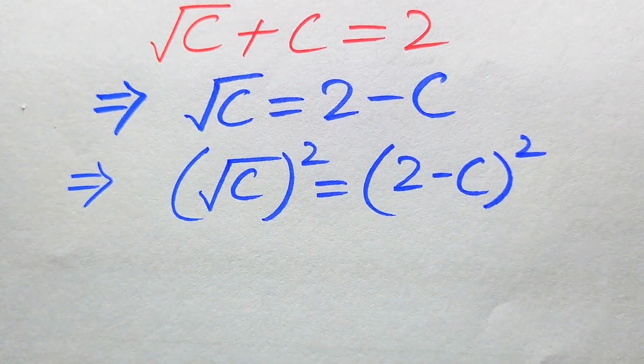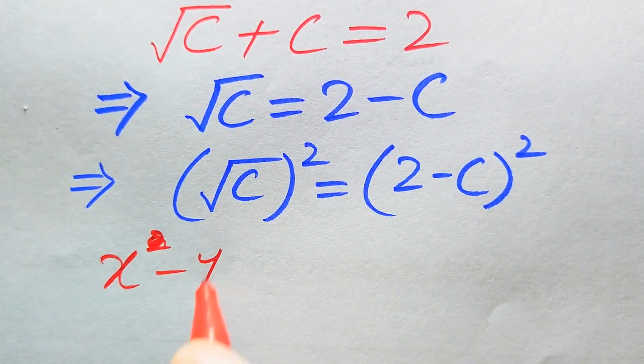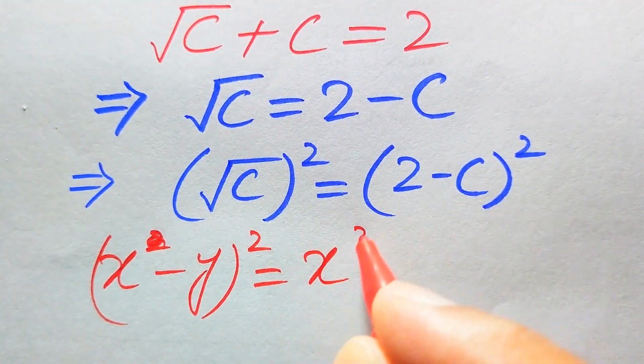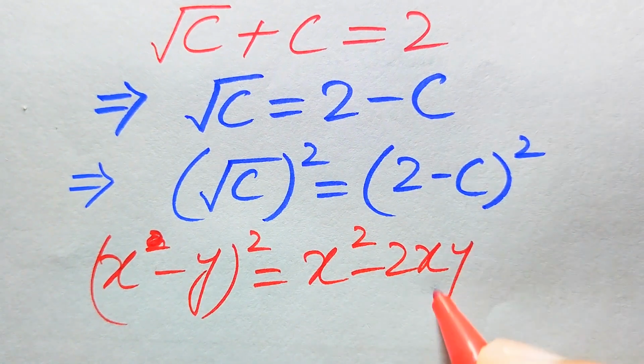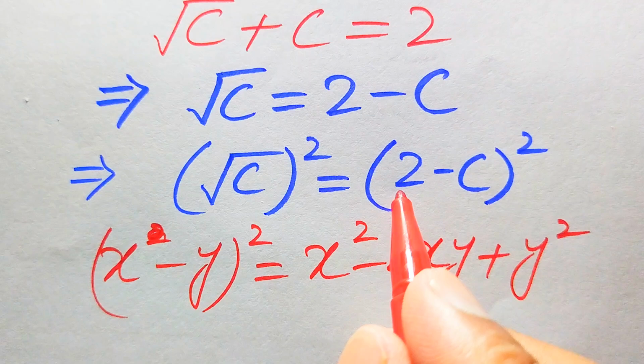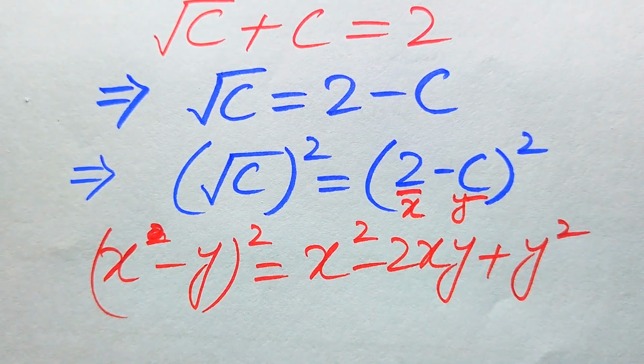And further here we use the nice algebraic formula on the right hand side, and you know about that. If we have x minus y whole square, it is equals to x square minus 2 times xy plus y square. You see that this term is our x and this term is our y.